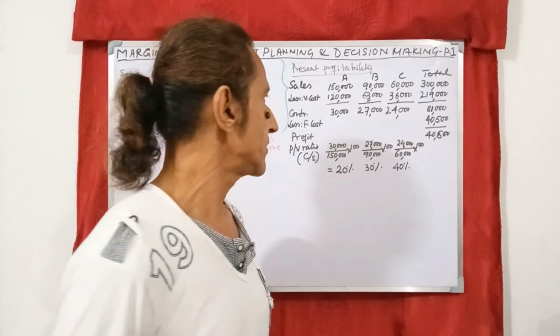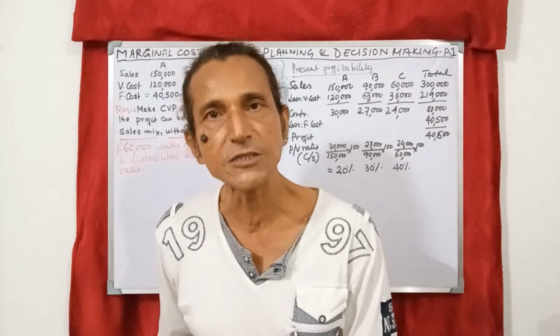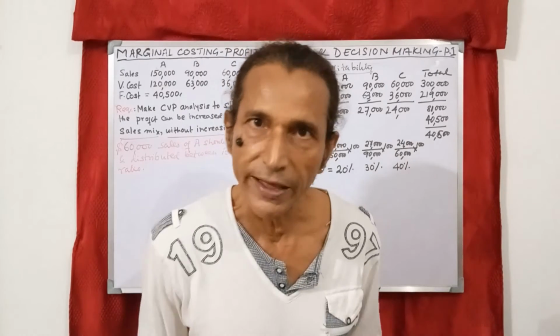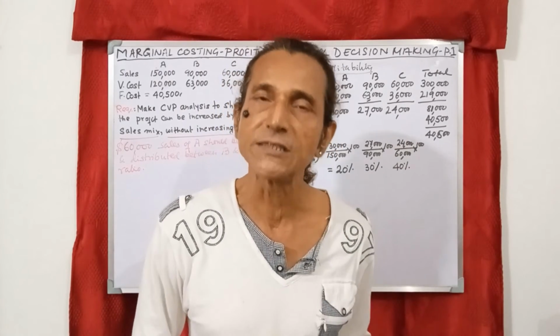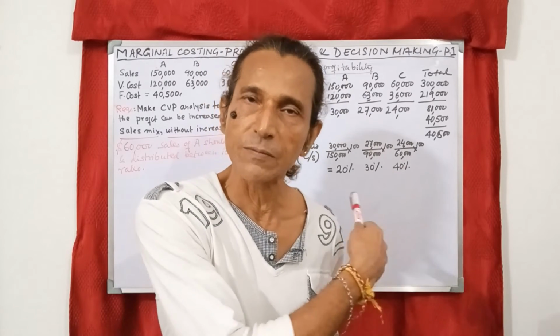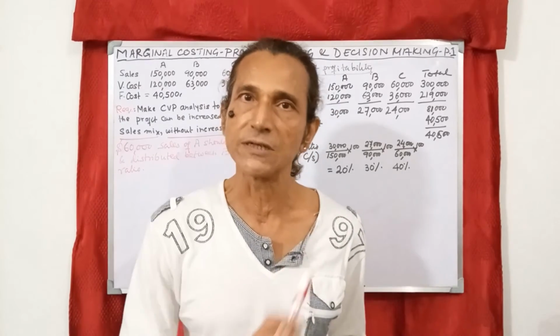Okay, so let us see if the proposal of the management is implemented, that is sales of A is reduced by $60,000 and the same is distributed between product B and C in equal ratio, that is 30,000 each.